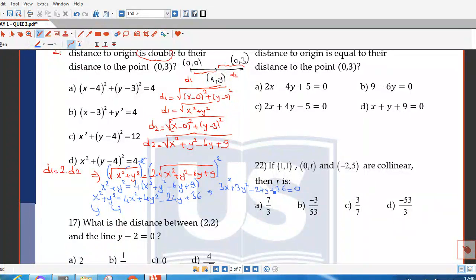Each term in the equation can be simplified by 3. So I am going to simplify each term by 3. So x to the power of 2 plus y to the power of 2 minus 8y plus 12 is equal to 0. I am very close, but I didn't complete my operation.